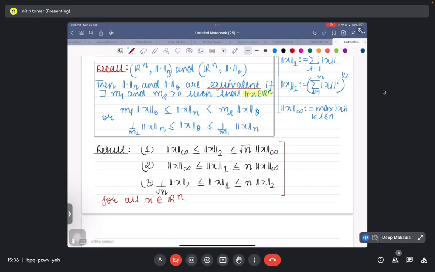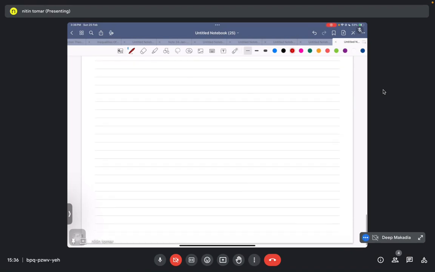Basically, you don't go to the definition, you first feel it. What does equivalent mean? Let me explain very quickly. There can be two norms on the same space. Let's say norm and norm star. These are two different norms.